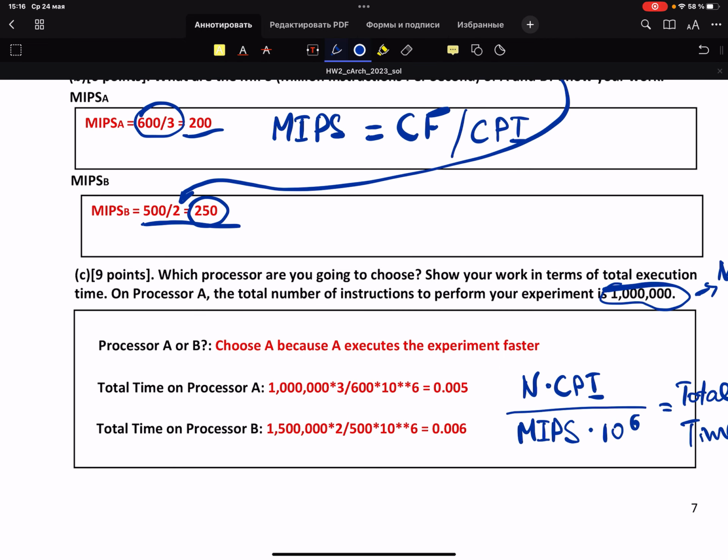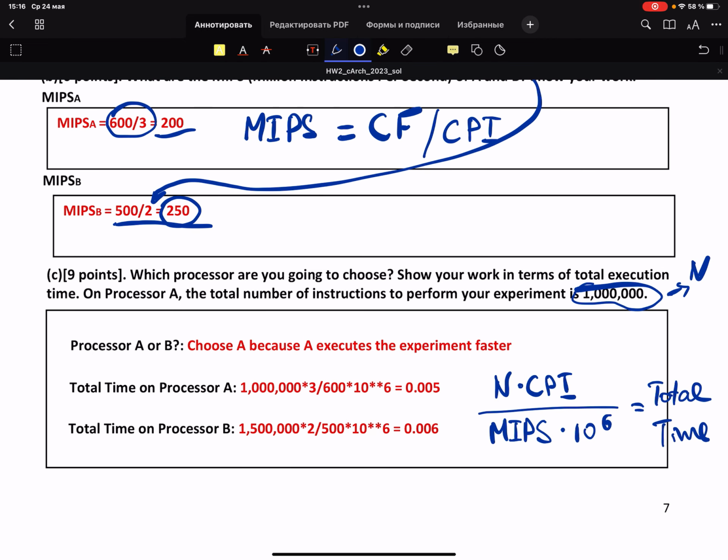You are given that the total number of instructions for your experiment is 1 million. So this is n, but it's already given in the question that processor B performs 50% more instructions than processor A. So this 1 million is for processor A.